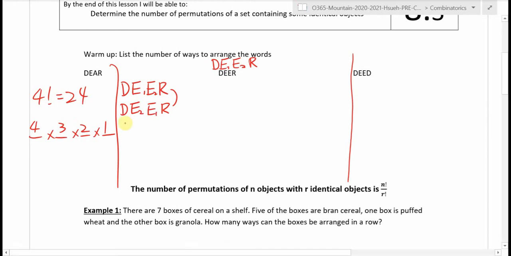We could just switch the R and D, so then it could be R, E1, E2, D, R, E2, E1, D. Again, this would be a pair, but these two will be the same thing. So I'll let you try to list out the rest. Good luck.